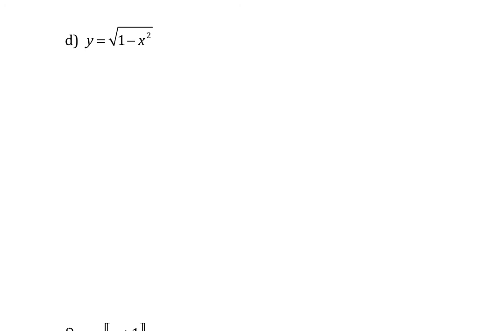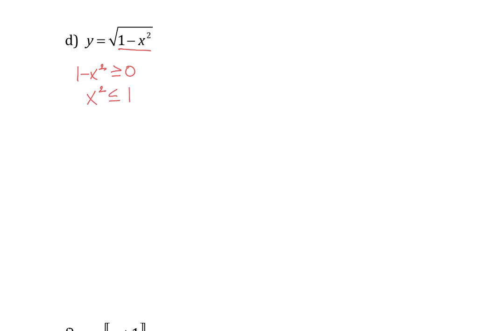So the first thing I'm going to do is solve for my domain and range. So we know the radicand has to be greater than or equal to 0. So I'm going to isolate x squared to start. So we get x squared is less than or equal to 1.